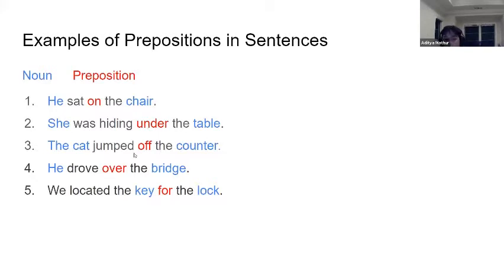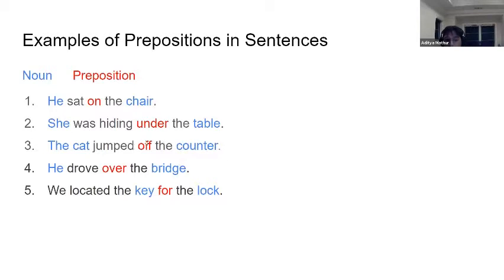Now in the middle of these two nouns, we have a preposition, which is off. Off is relating the cat and the counter. Remember, a preposition is relating two nouns. Our first noun is the cat, and our second noun is counter.